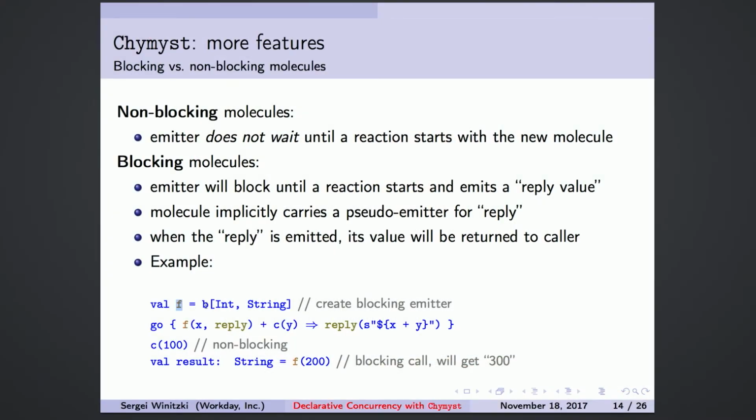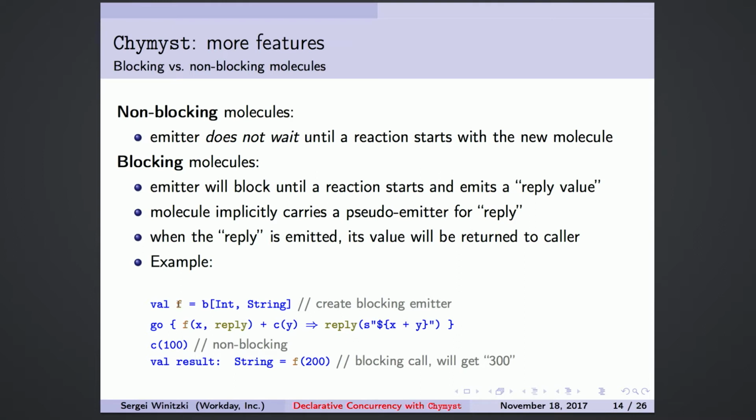So here's how it works. You declare an emitter, let's say f, for fetch. So you want to fetch the value of this concurrent counter. And you want to make a blocking fetch. So how do you do that? You declare this as integer and string types, where integer is the type of value it carries, and string is the type that comes back, the reply value type. Then you define the reaction like this.